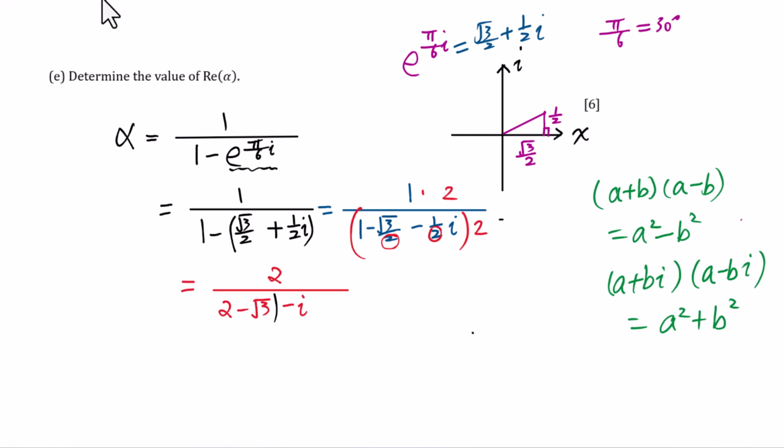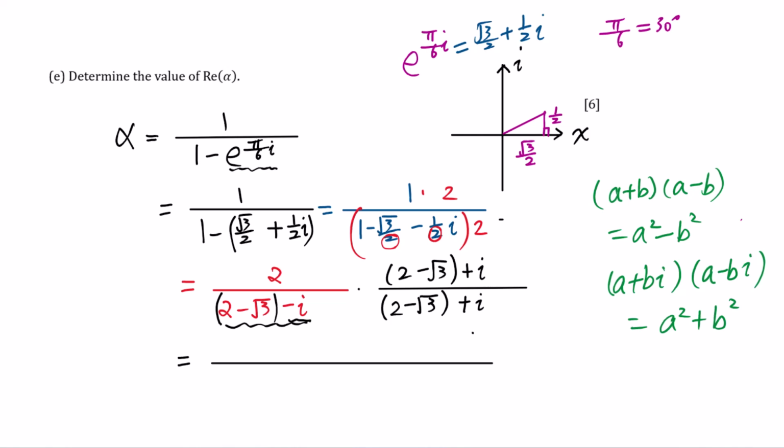We will simplify by multiplying by the conjugate, because this i cannot be in the denominator. The conjugate of this complex number is 2 minus square root of 3 plus i. Top and bottom, we multiply by its conjugate, 2 minus square root of 3 plus i.